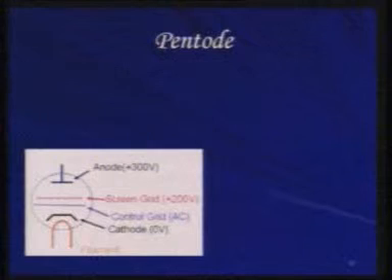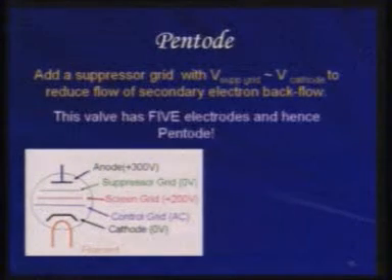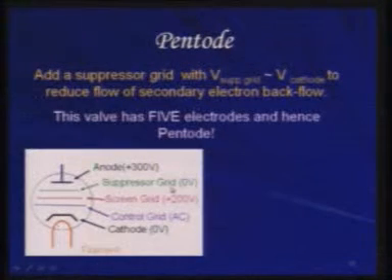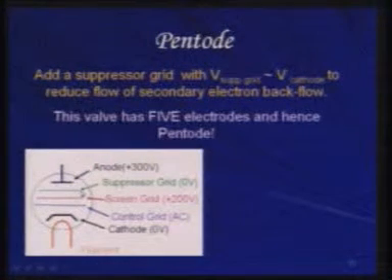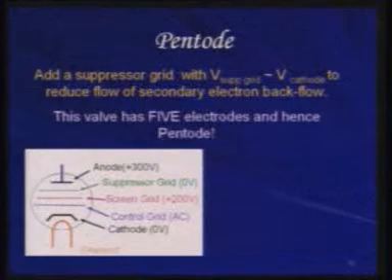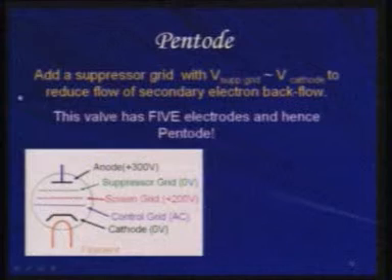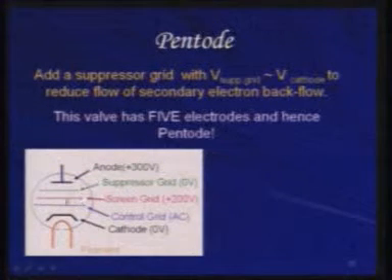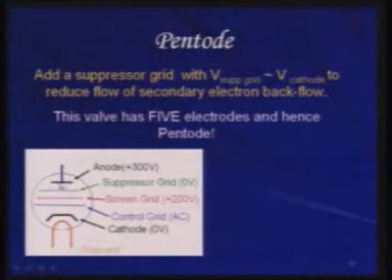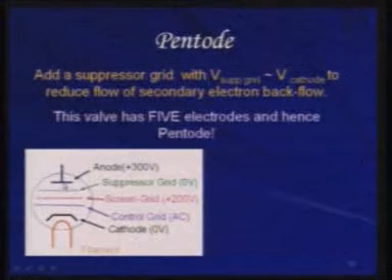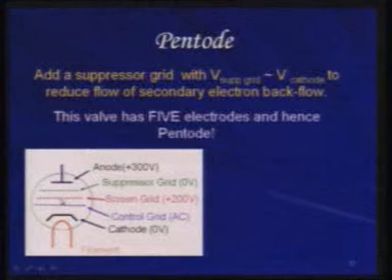For that we have another possibility, and that is we put in what is called a suppressor grid. We have added a fifth electrode here, so it is now a pentode. In this particular case, we have this suppressor grid at 0 volts. Since this 200 volts has been isolated from this 300 volts by this additional suppressor grid, there is no chance of the secondary electrons coming and hitting the screen grid.